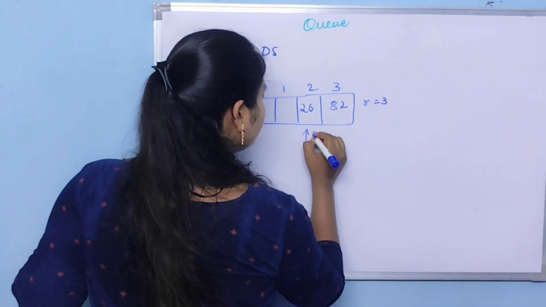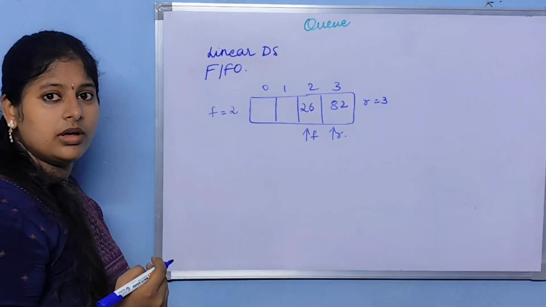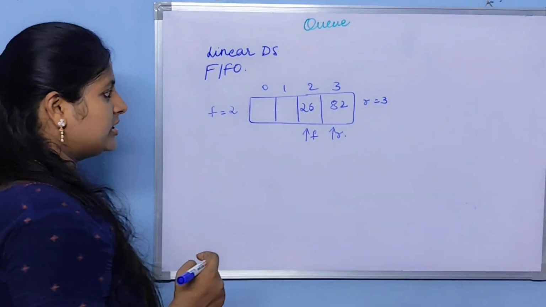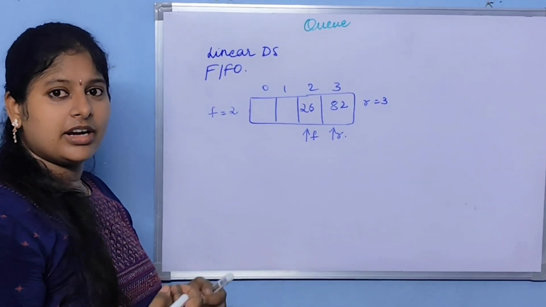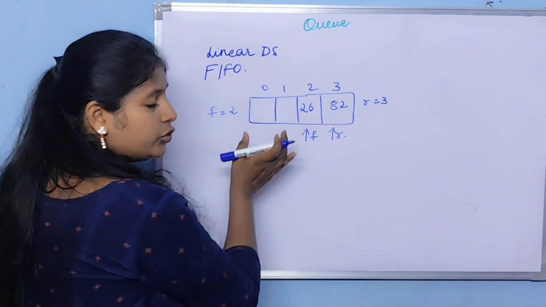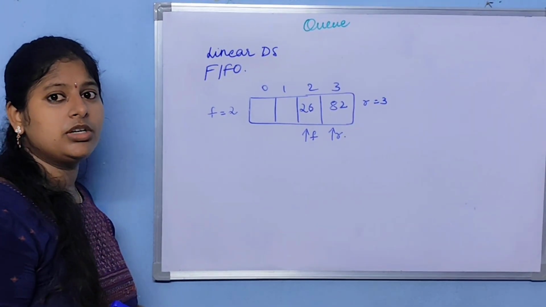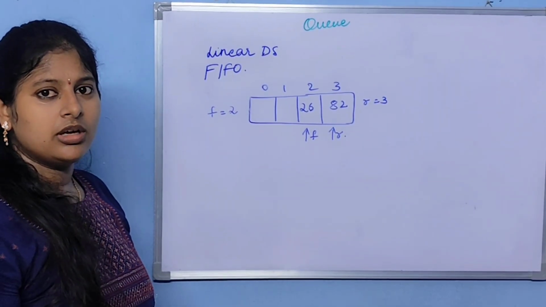This is my front and this is my rear. Now if I try to insert elements, will that be possible? I have two empty spaces, right? It should be possible to store my new elements in those, to use the memory efficiently.